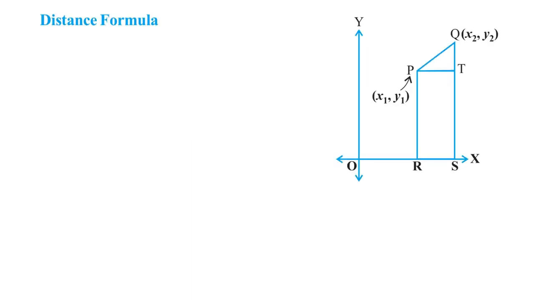Let's try to figure out what the distance formula is. Let there be 2 points P and Q, and let the coordinates of P in general be x1, y1, and the coordinates of Q be x2, y2. Let us join them and form a triangle PQT, with a 90 degree angle at T. So, can we now figure out what PT is?